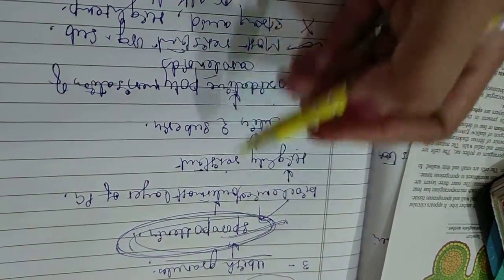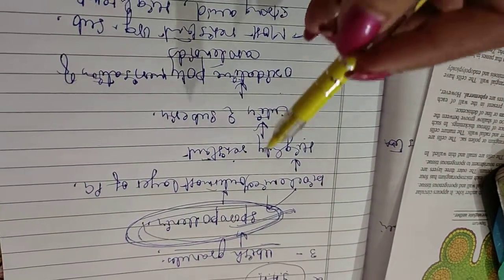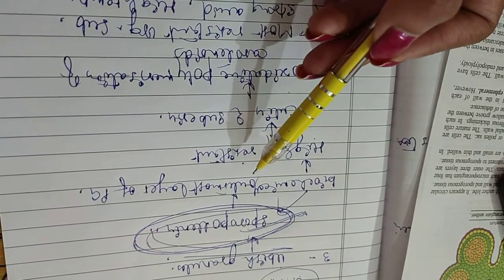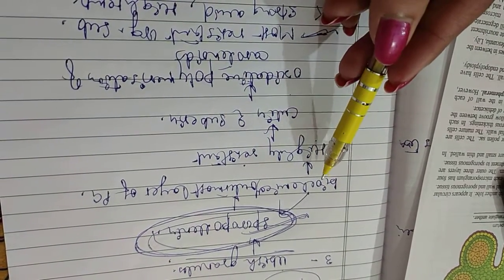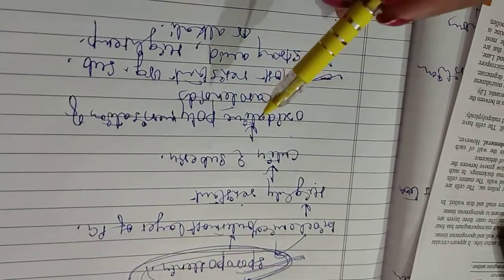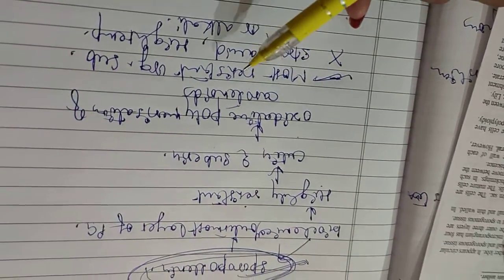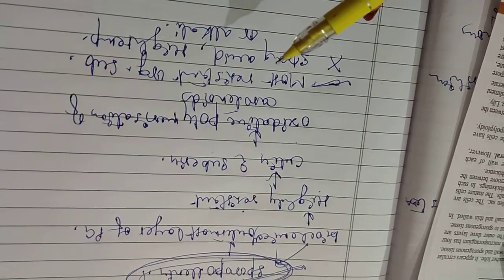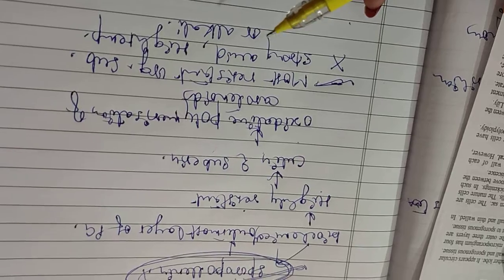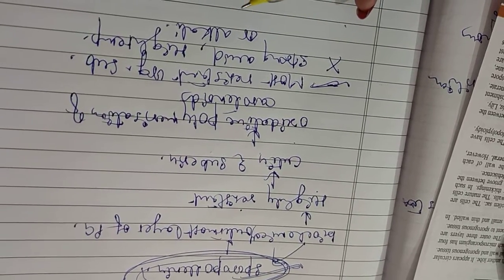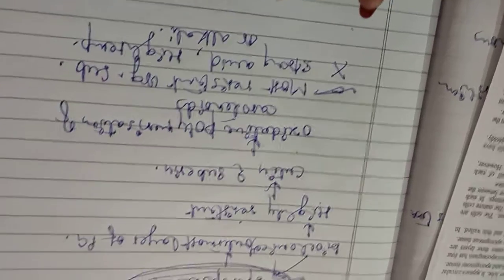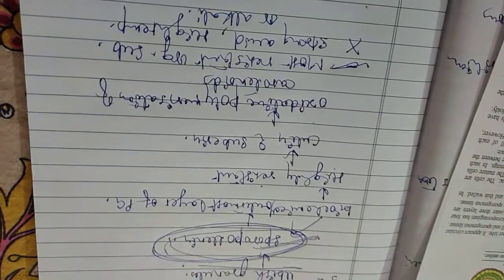So this is all about sporopollenin: it forms the outermost layer of the pollen grain, that is exine. Biochemically it is cutin and suberin. It is highly resistant, formed by the oxidative polymerization of carotenoids, and the most resistant known organic substance, not affected by strong acid, high temperature or alkali, and no enzyme is known to degrade it.